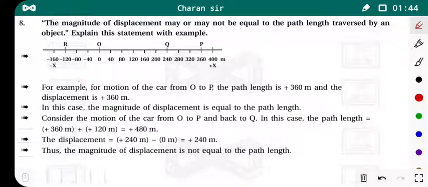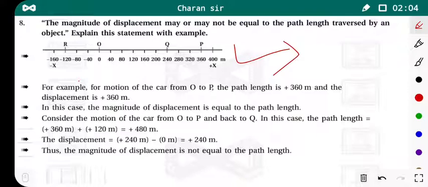You can see here we consider an example in which our object travels on the x-axis. We know that whenever we consider the motion of an object in one direction or on a straight line, at that time we consider a frame of reference which consists of only one axis.